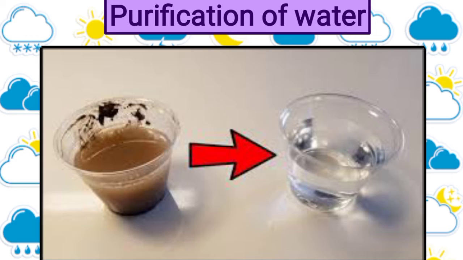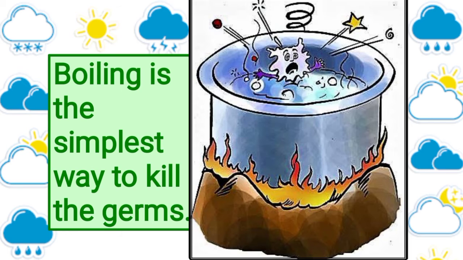Thus, water used for drinking and cooking needs to be purified. We can do it in some ways, like boiling. It is the simplest way to kill the germs found in water. Bring water to a rolling boil for a minute to kill the germs present in it.